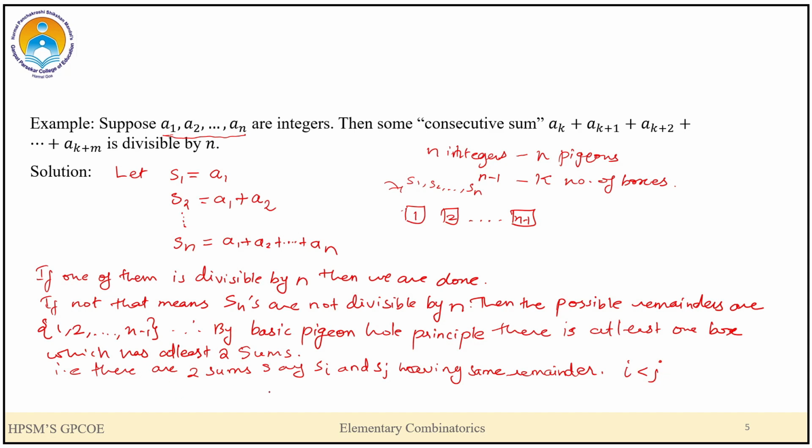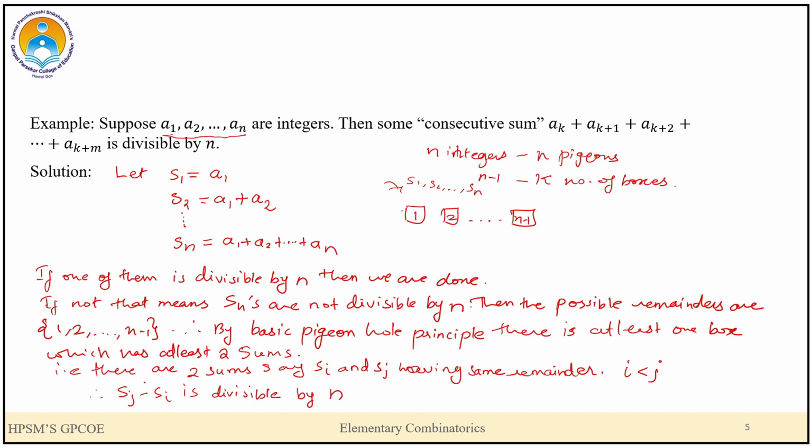Now when we subtract these 2 sums, Sj minus Si, since the remainder is the same for both sums, the difference will be divisible by n. So this is divisible by n, because in that case the remainder will be 0.